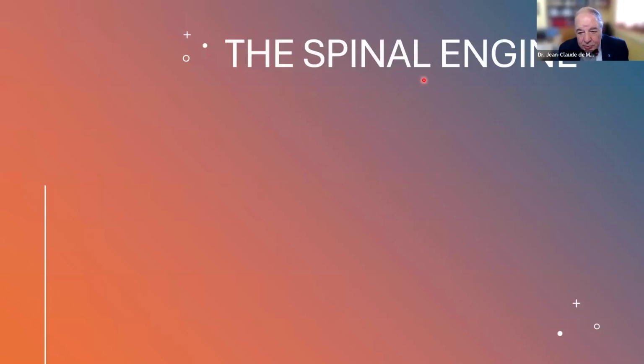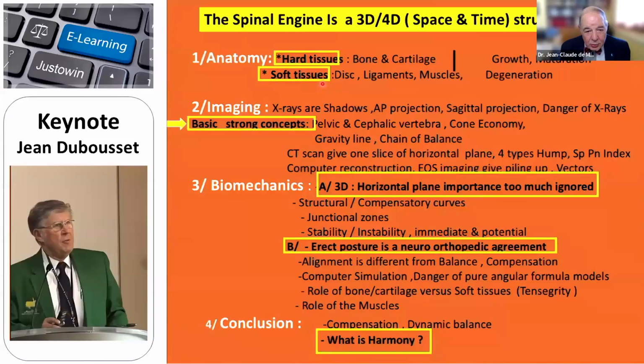And to conclude this work, this tribute to Jean Dubousset, to the French school, as conclusion, the last slide is the concept of spinal engine, 3D, 4D space and time, including all the elements of this work: anatomy, hard tissue, soft tissue, imaging, biomechanics.